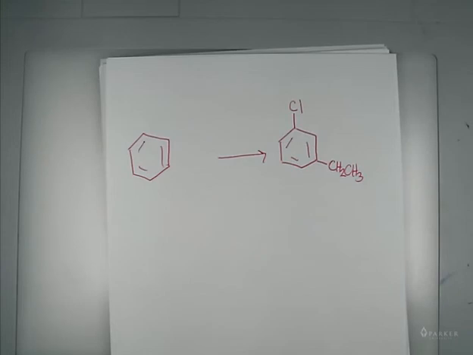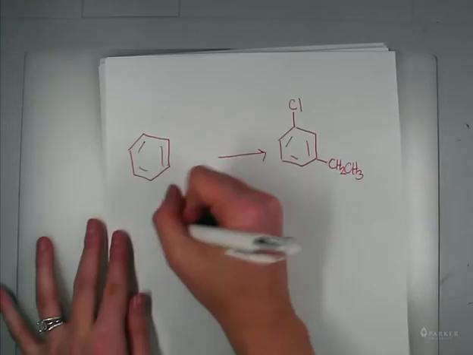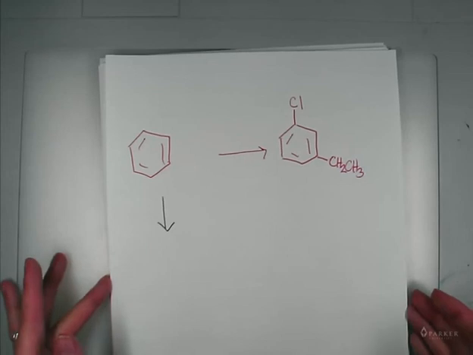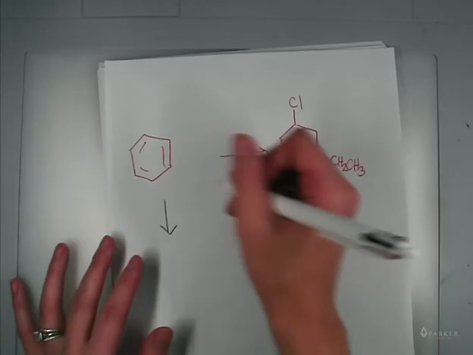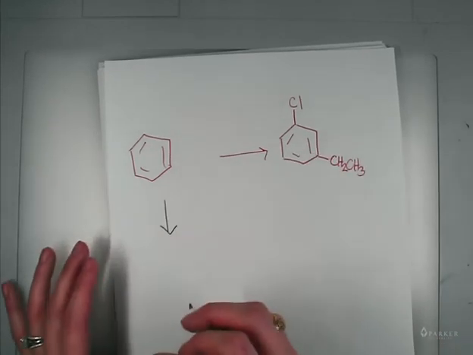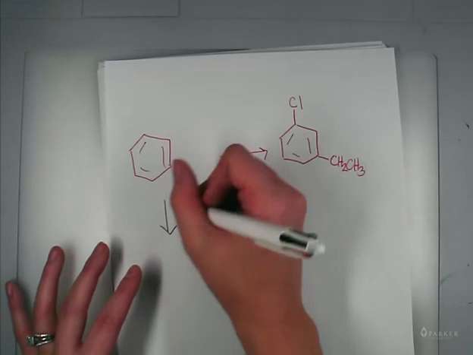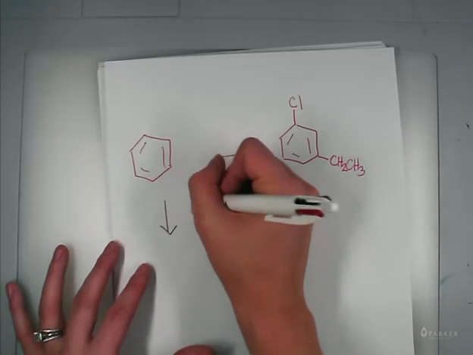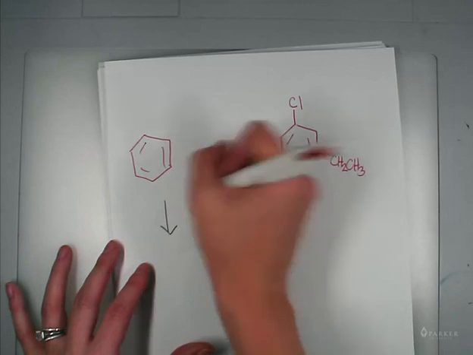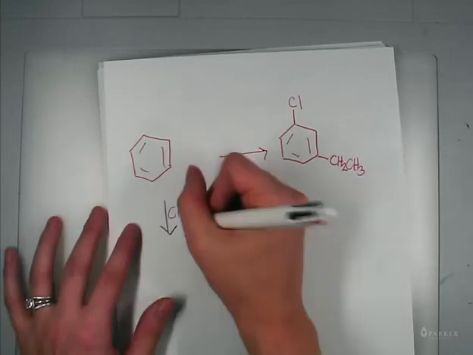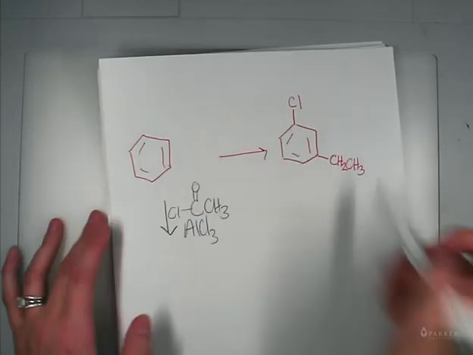Okay, so what do you think here? Yeah, the carbonyl first. How do we do that? And what carbonyl are we putting on there? Yeah, C double bond O, CH3, Cl with AlCl3.